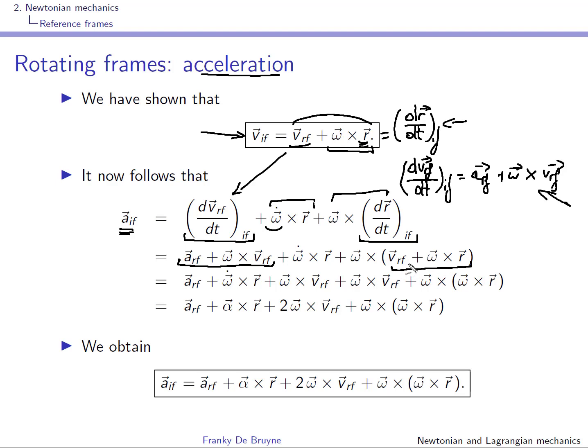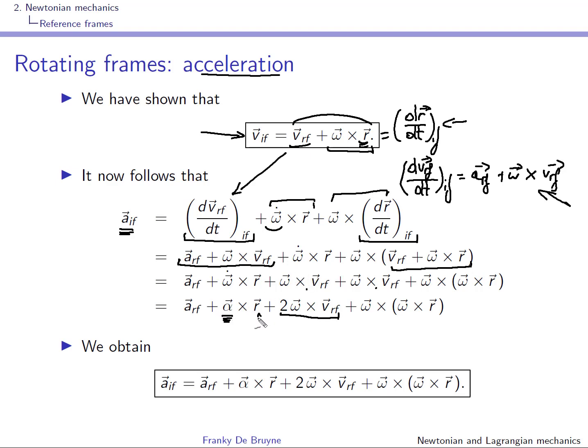And now it's just a question of expanding things. Then you will see that this term and this term will be appearing 2 times. This thing here, we'll write slightly differently. Instead of saying that's the derivative of the rotation velocity vector, we'll say that it's alpha, the angular acceleration vector.